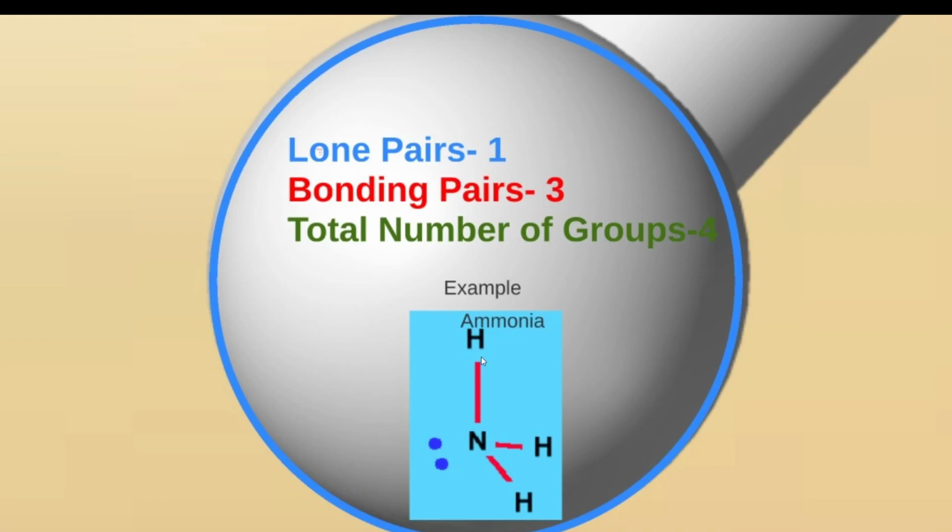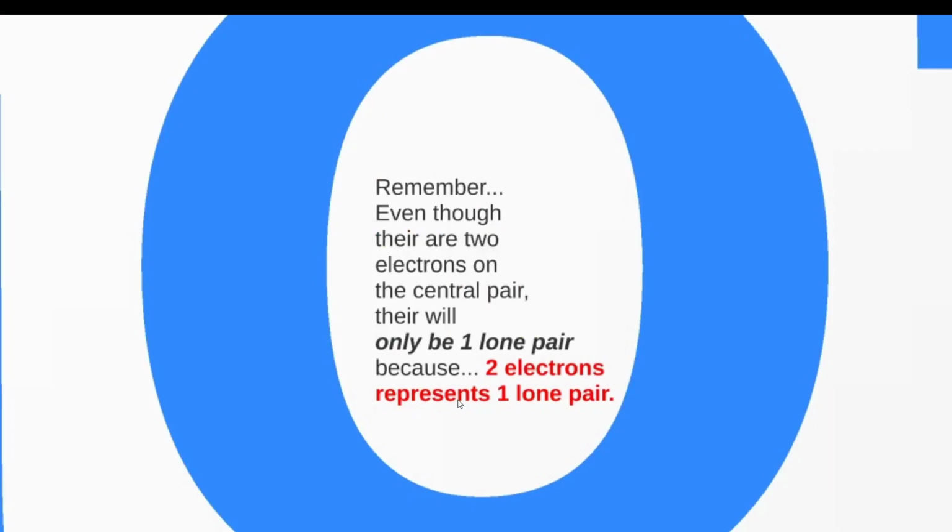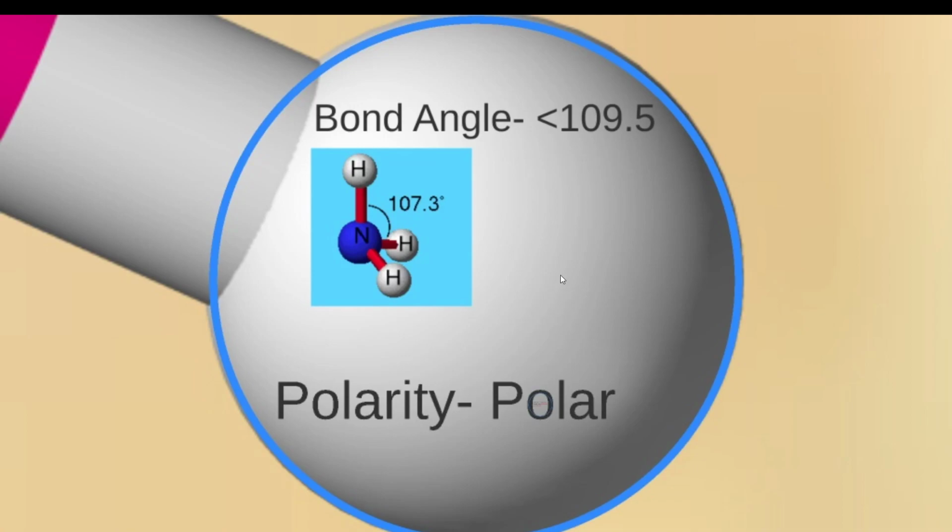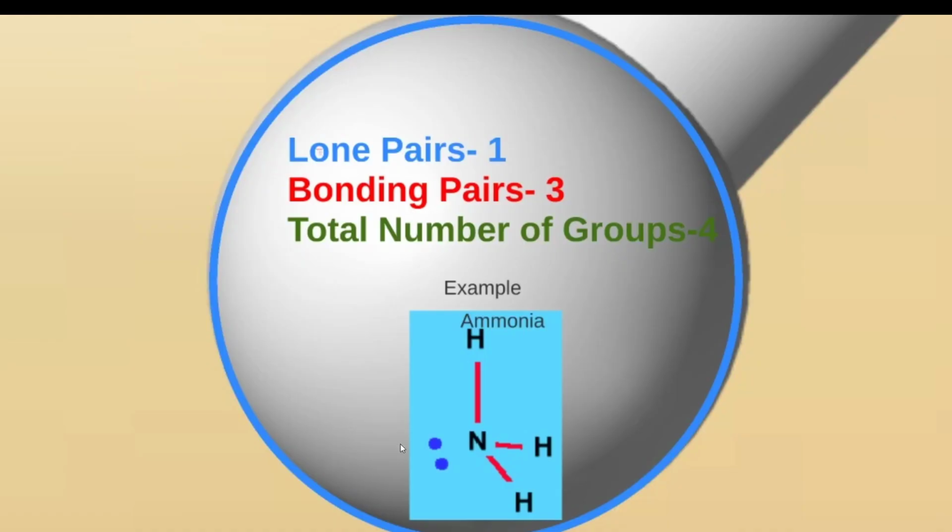Here we have 3 bonding pairs and we have a lone pair. And the lone pair is forcing all the other ones down, just a little bit more, which is why we end up having a bond angle of 107.3. This one ends up being polar because these electrons right here are going to be participating in bonding.